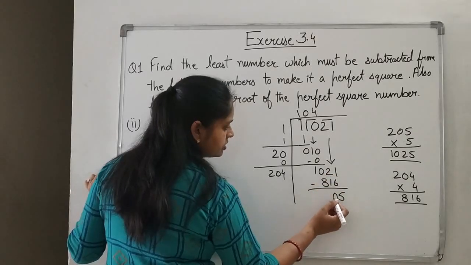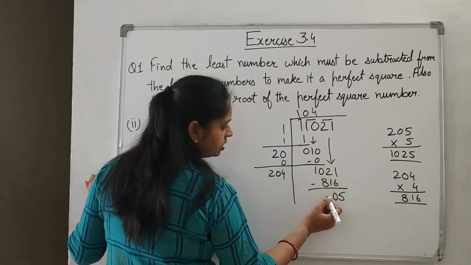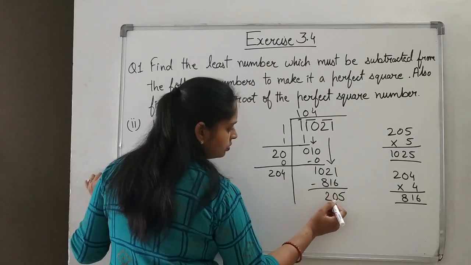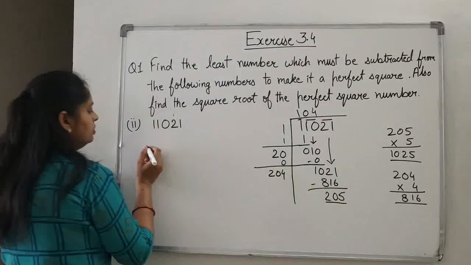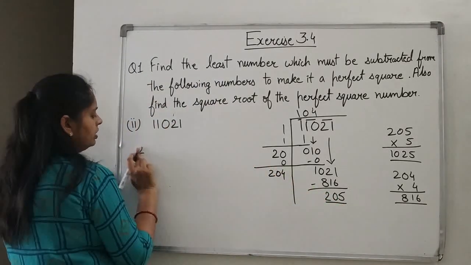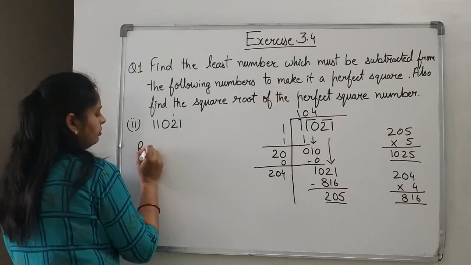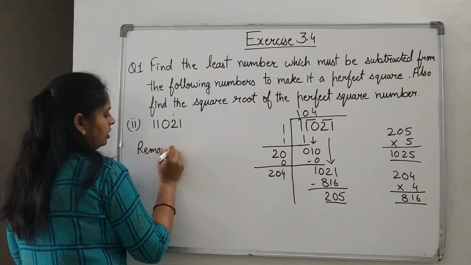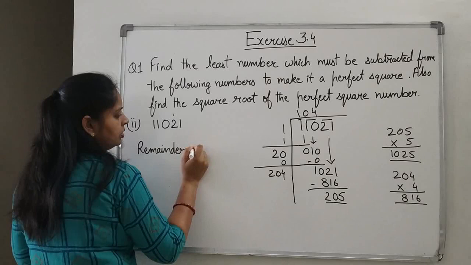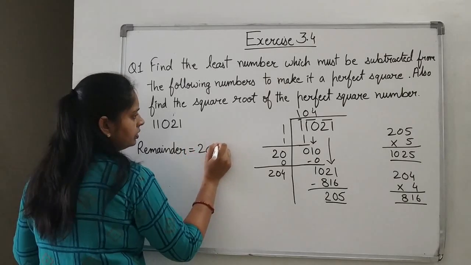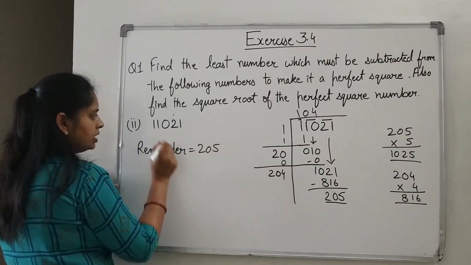1 minus 1 is 0 and 10 minus 8 is 2. 205. So the remainder we got is 205. Okay. So this is extra in this.